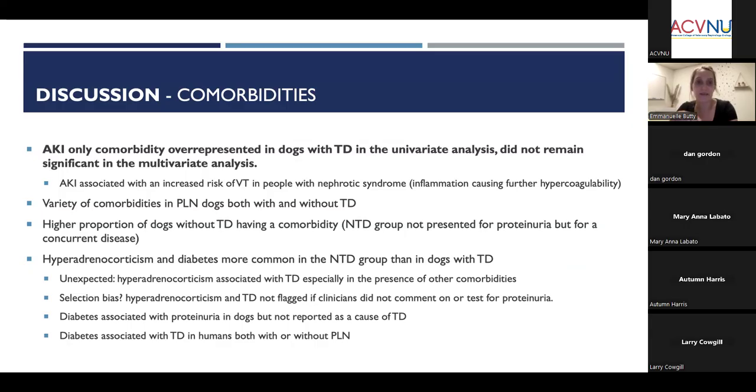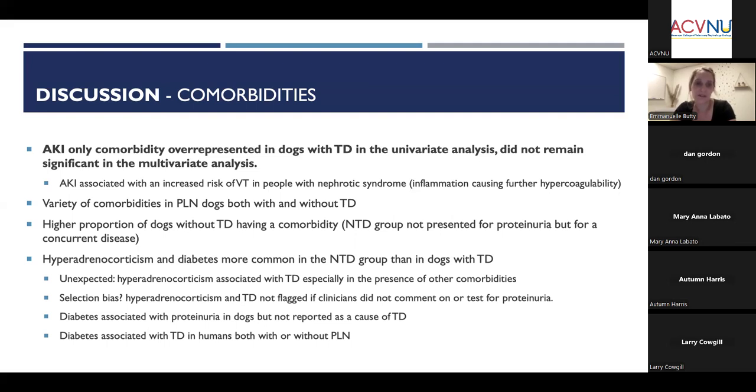Since we had so many comorbidities and a small number of patients for each, the study could have been way underpowered to find any significance between the two groups. And they had a particular interest in hyperadrenocorticism, since it is known to increase the risk of thromboembolic disease.